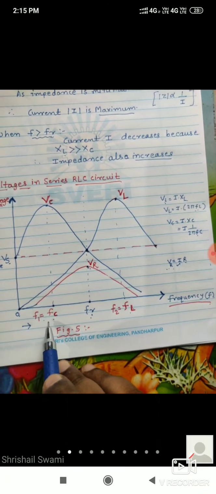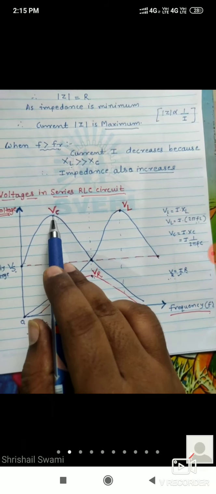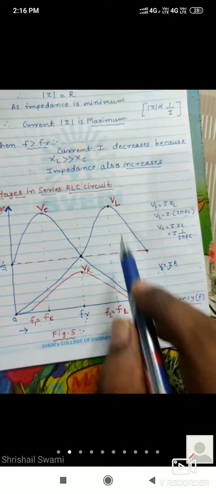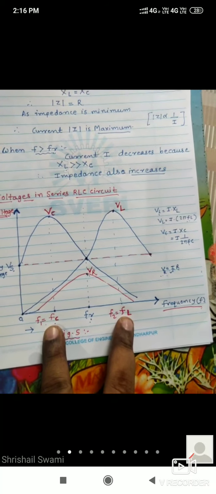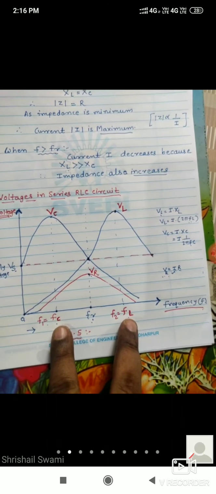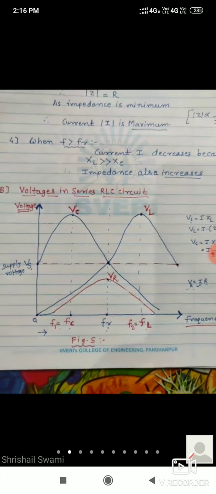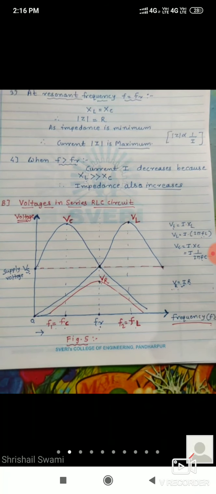So we will start the derivation of the frequency at which voltage across capacitor becomes maximum, and the voltage across inductor becomes maximum. So there are two derivations: one is for Fc and second is for Fl. These two derivations are very important. They have asked questions based on these derivations 3 to 4 times in the university exam question paper.